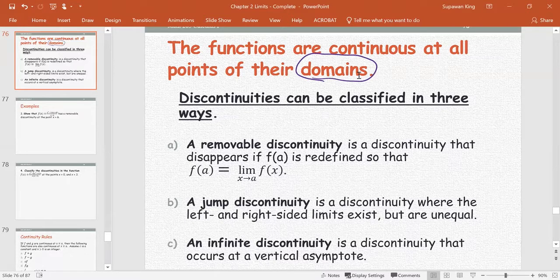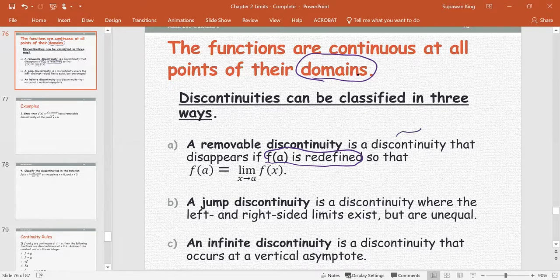In this case, the function at a and the limit of f of x as x approaches a are not the same to begin with, but we can redefine the function at a to be the same as the limit of the function as x approaches a. So this is called the removable discontinuity, and it can be fixed to make it continuous at the point x equals a.